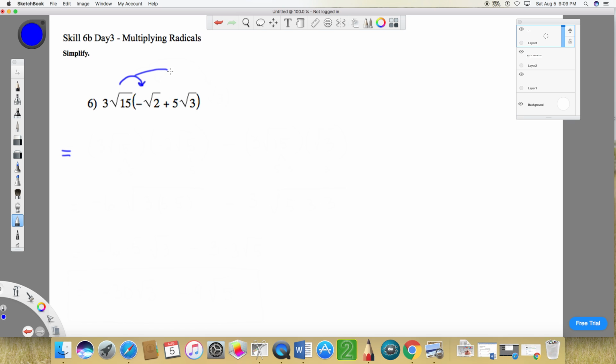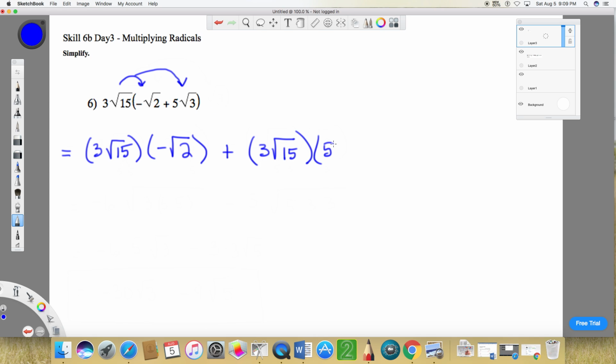The multiplication distributes over the addition, and we multiply it times the second term in the binomial. So we've got this 3 radical 15, and we multiply this by the square root of 2, and then we have adding 3 radical 15 times 5 radical 3.